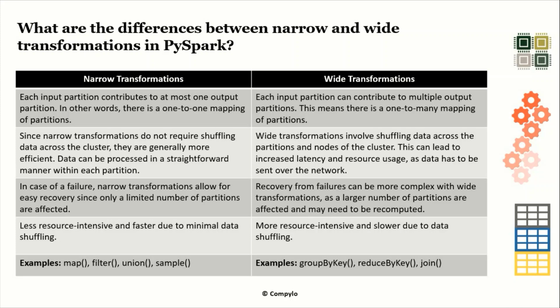Narrow transformations are less resource intensive and faster due to minimal data shuffling. Wide transformations are more resource intensive and slower due to data shuffling. A few examples of narrow transformations are map, filter, union, sample. Whereas a few examples of wide transformations are group by key, reduce by key, join.